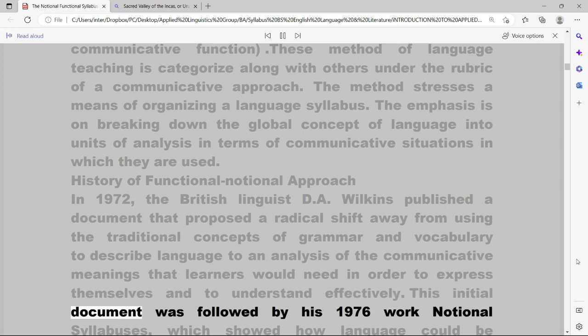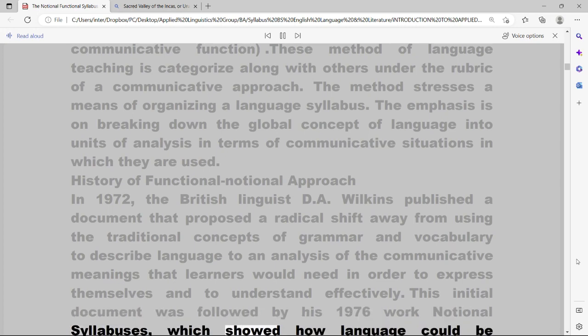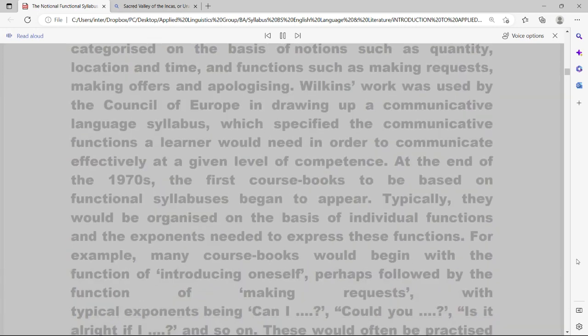This initial document was followed by his 1976 work Notional Syllabuses, which showed how language could be categorized on the basis of notions such as quantity, location and time, and functions such as making requests, making offers and apologizing. Wilkins' work was used by the Council of Europe in drawing up a communicative language syllabus, which specified the communicative functions a learner would need in order to communicate effectively at a given level of competence.